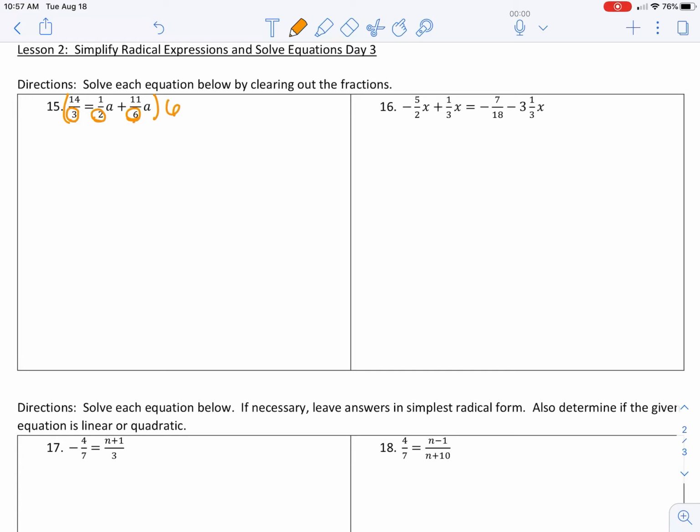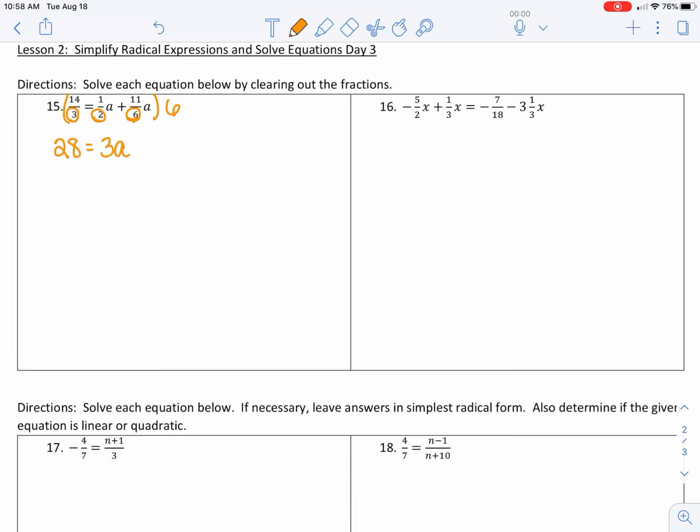So if we do that, we can take 6 times 14 over 3. If you take 14 over 3 times 6, you end up with 28. Then we can say that's equal to 1/2 times 6 is 3a.